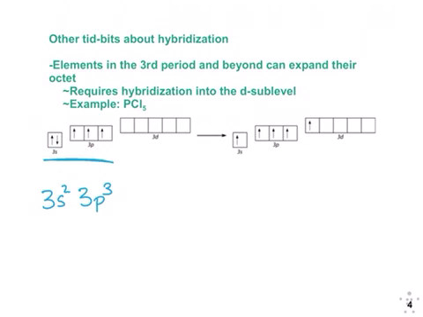But in this case, we need to make 5 bonds, and we only have 3 open orbitals for that. So we're going to promote this 3s electron into the 3d sublevel. That's where we expand the octet into. Does that make sense? We kind of said something about that already.